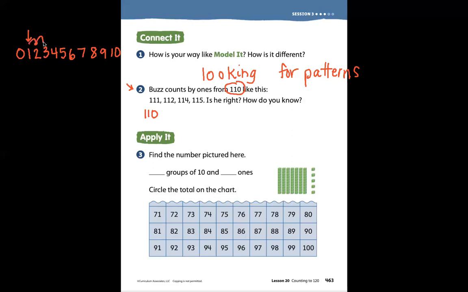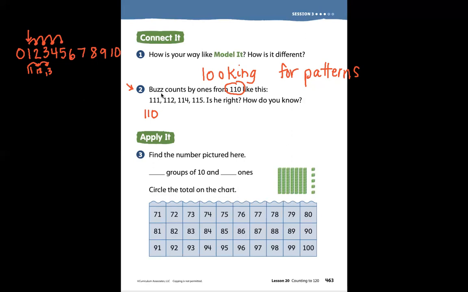After a 2 comes a 3. After a 3 comes a 4. After a 4 comes a 5. As our numbers get bigger, after we get to 10, we have 11. After the 11 comes a 2, 12. After 12, we have 13. So you can see that those numbers are going on and continuing in a pattern.